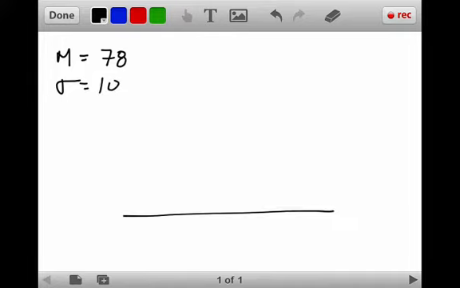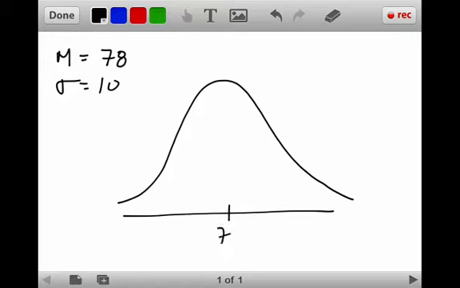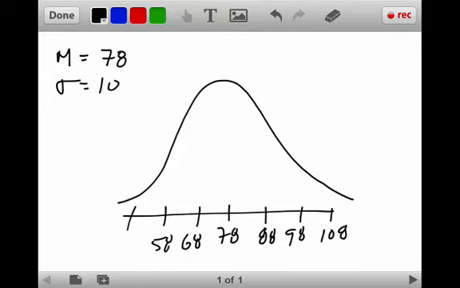If we actually look at the normal distribution, it would look like this. 78 in the middle, and then we can build our normal distribution this way with a certain number of standard deviations. So we have our normal distribution for our variable, scores on test number 1.